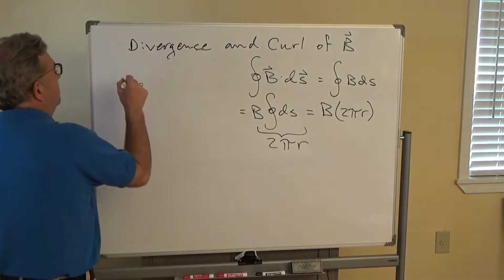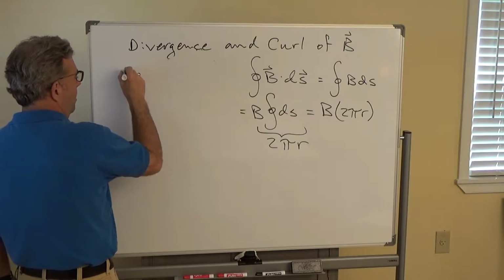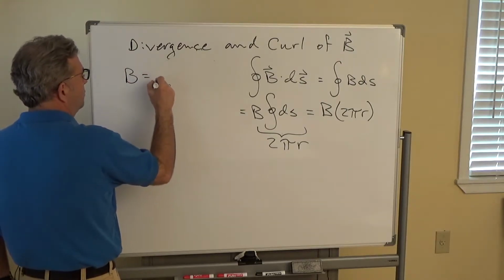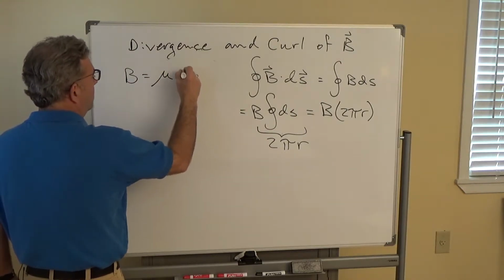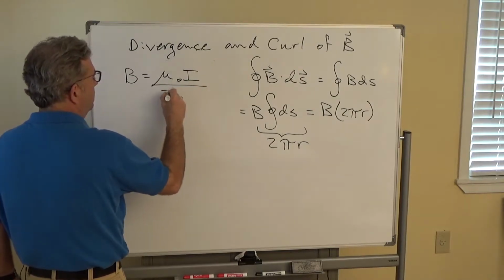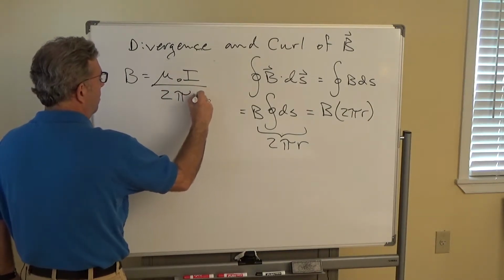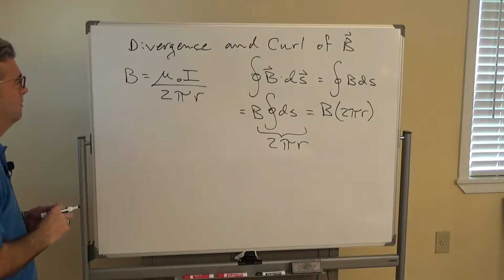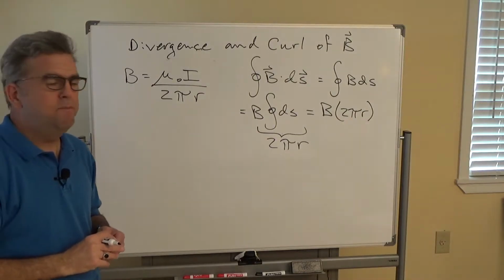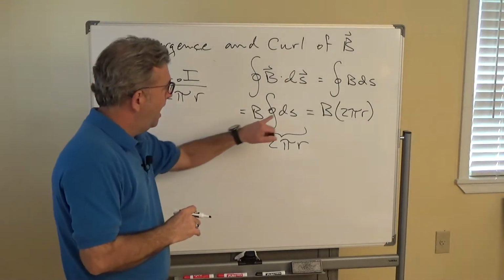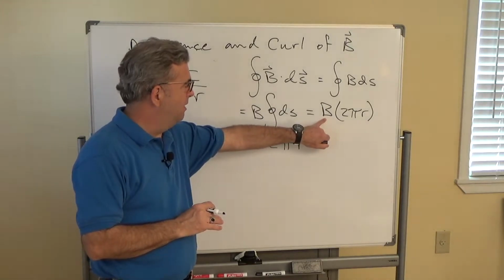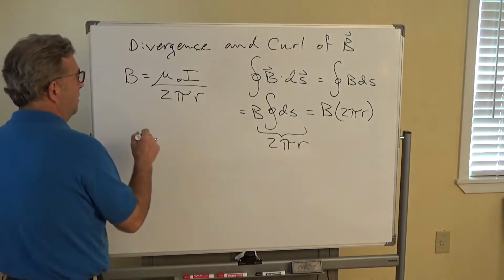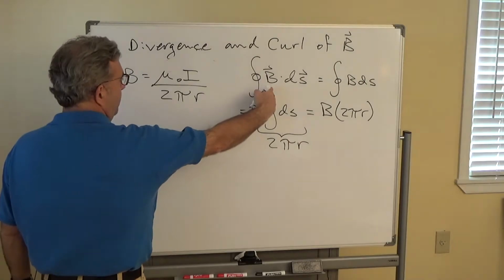B for the long straight wire is equal to mu naught I over 2 pi r. Now I'm going to substitute that in.